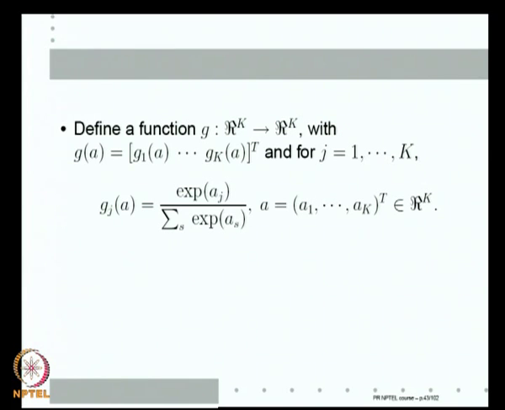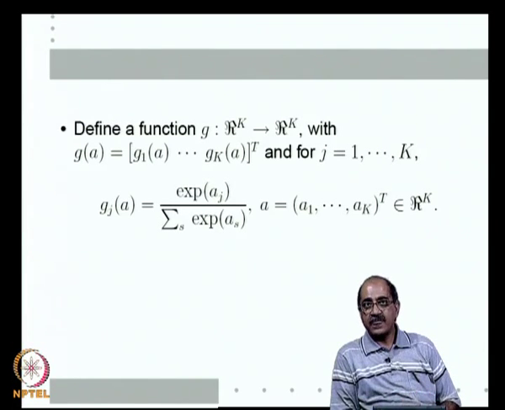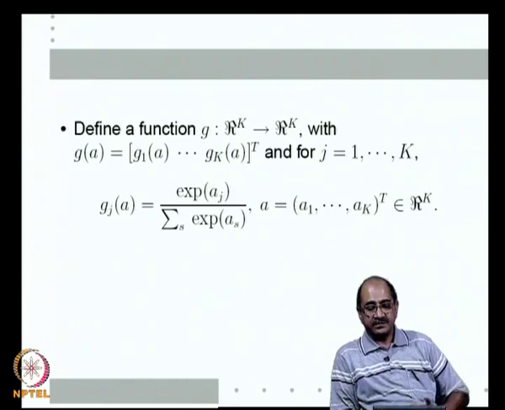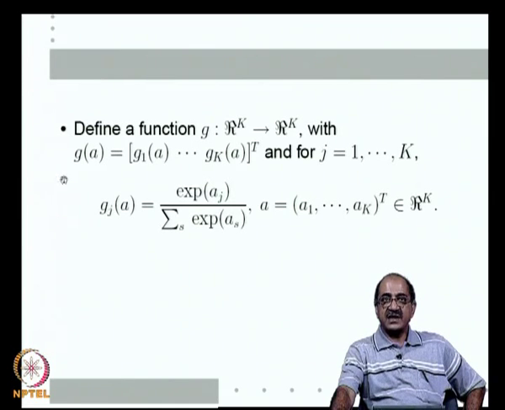So, let us define this function. Let us say there is a function g that maps Rk to Rk, where Rk is the k dimensional real space and k is the number of classes. So, g is a vector valued function. Let us say the components of g are g1 to gk. So, if a is any point in Rk, then we write g of a as (g1(a), g2(a), ..., gk(a)) transpose, because all our vectors are column vectors.